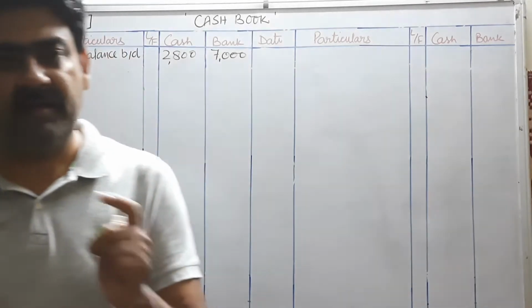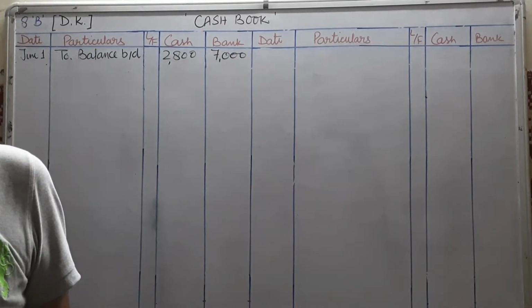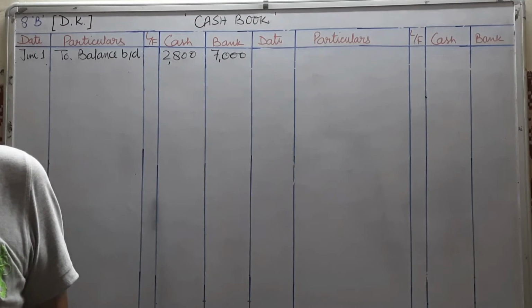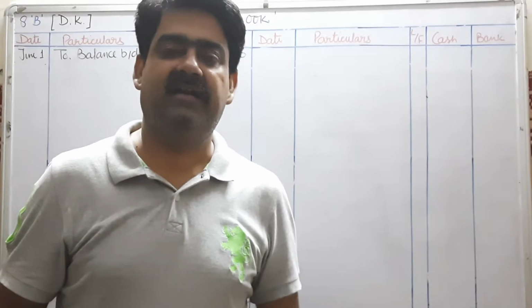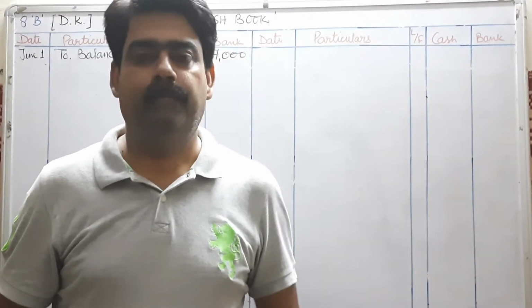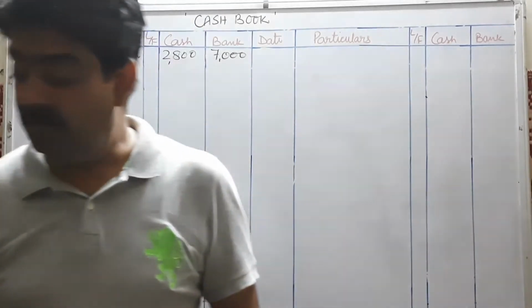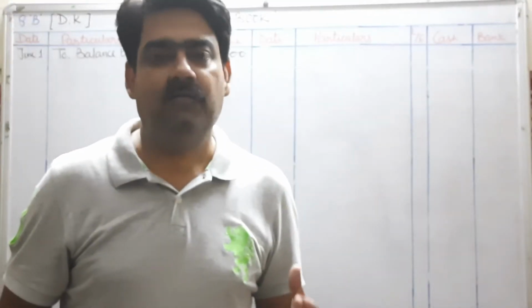Okay, now see next transaction, that is on June 10, discounted a bill of exchange at 1% through bank. So very simple journal entry will be there, that is bank account debit, discounting charges account debit to bills receivable. Amount of bill is 5,000 and it is discounted from the bank at 1%.